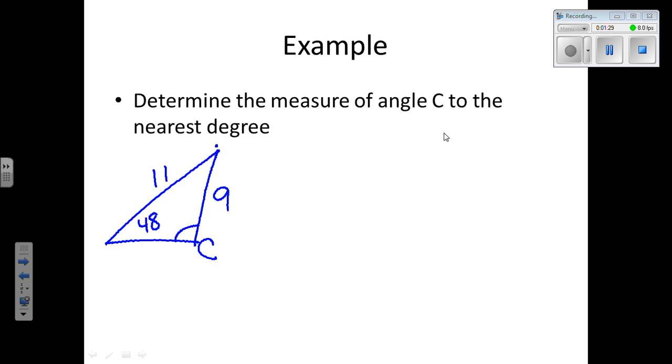Okay, so I know the length of two sides and an angle. Therefore, I'm going to use sine law.